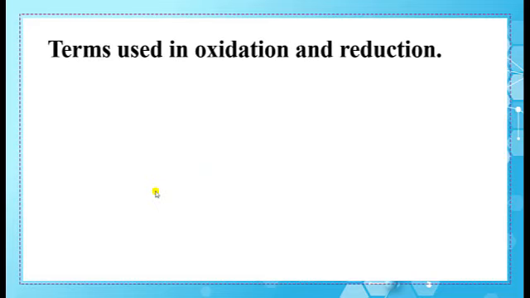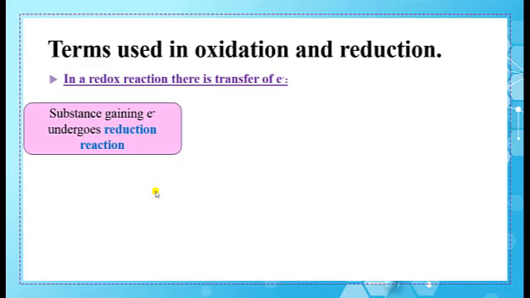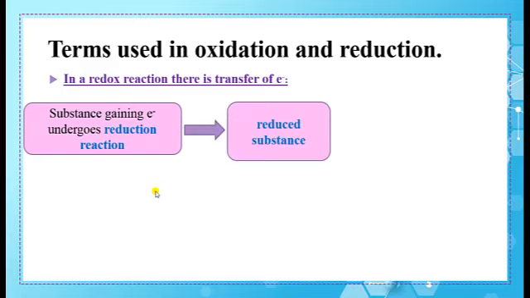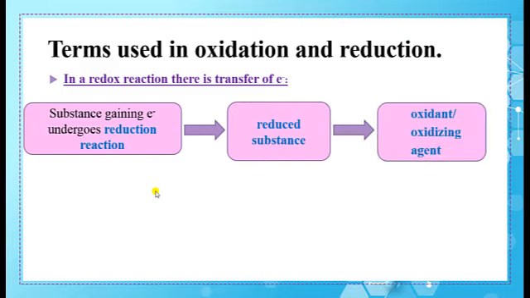Terms used in oxidation and reduction. These two terms are very important. First, in a redox reaction, there is transfer of electrons. The substance gaining electrons undergoes a reduction reaction, since it gains electrons. We can say that this substance which undergoes reduction is called a reduced substance.